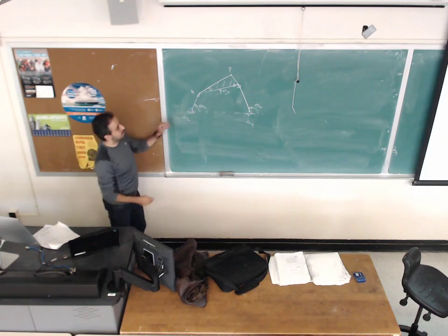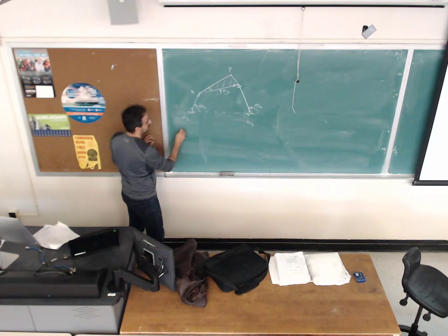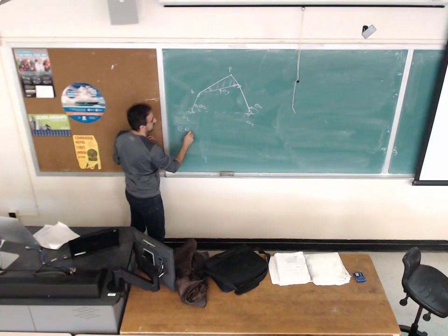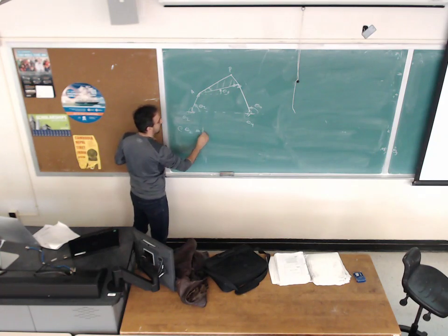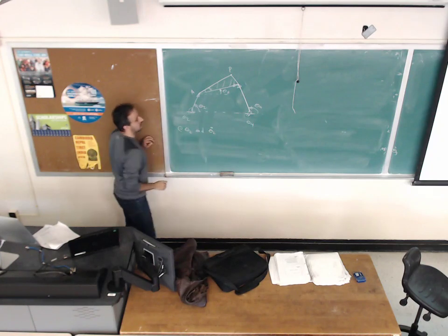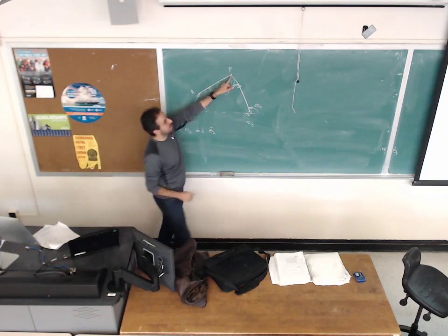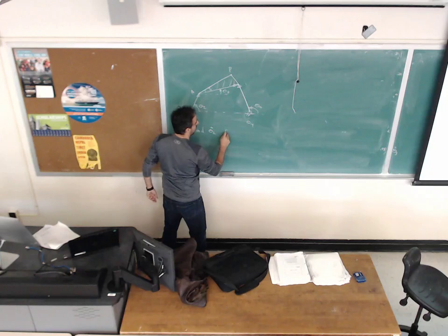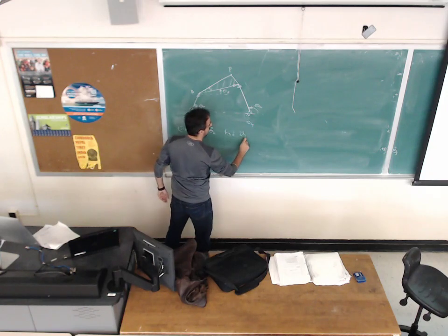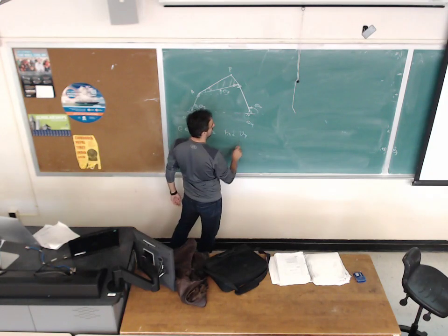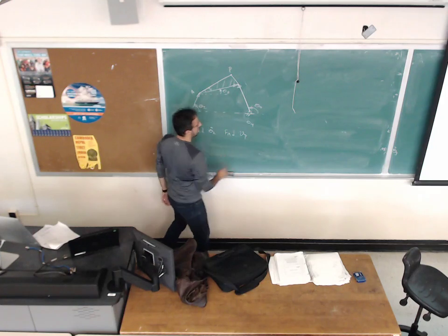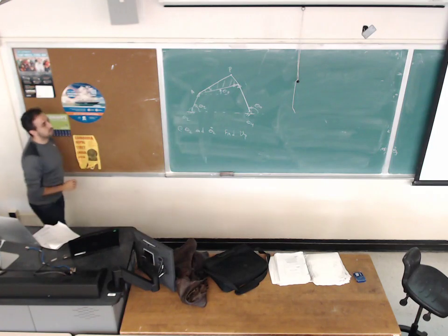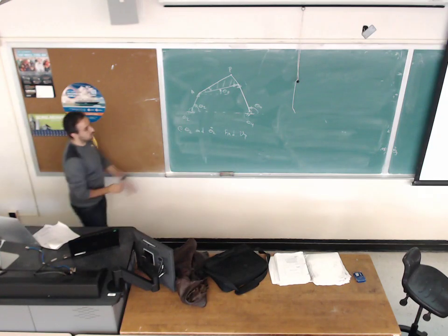Suppose this input link is at the angle of theta 2 and the angular velocity of theta dot 2. We would like to find the velocity of point P or any other point.